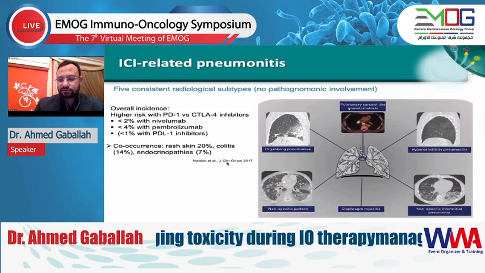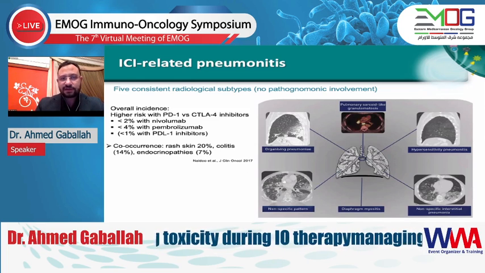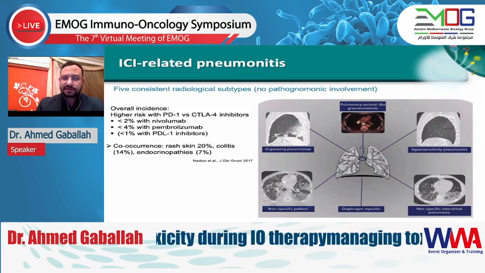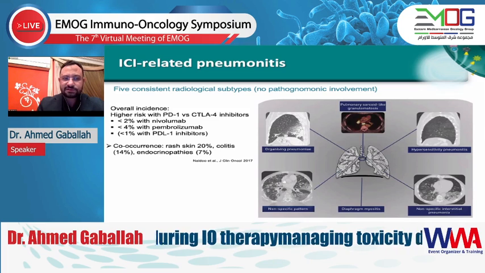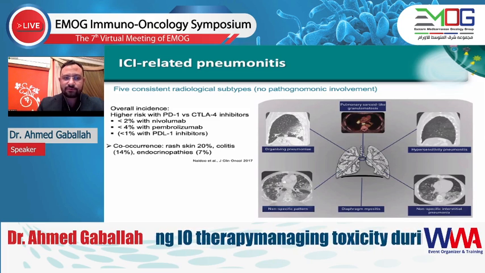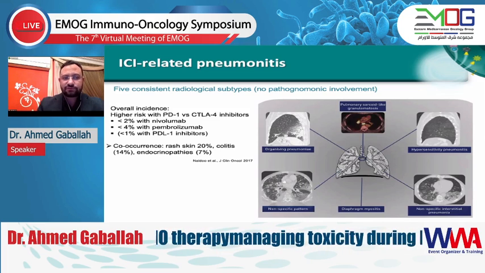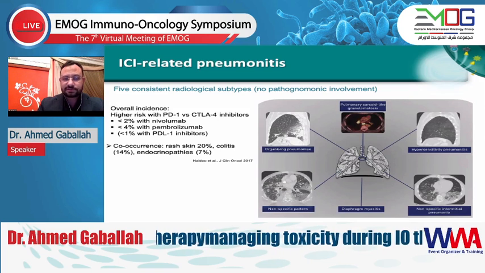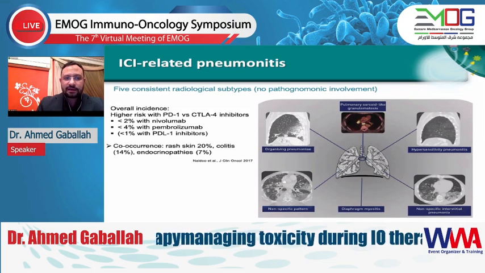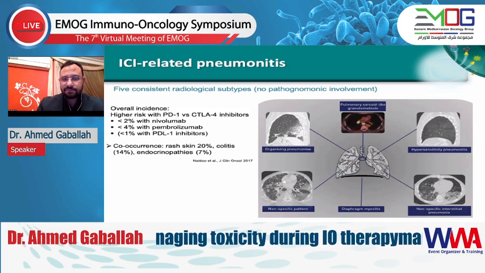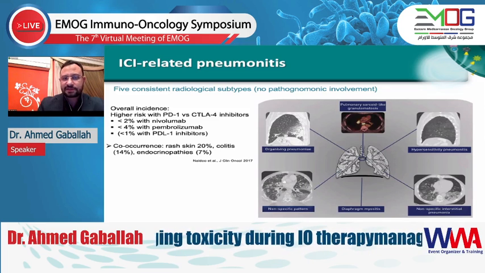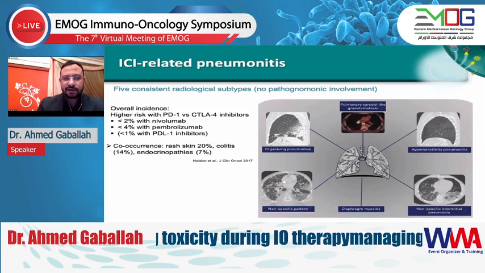Actually, the incidence of immune checkpoint-related pneumonitis is not that high. We have less than 2% with Nivo, less than 4% with Pembro, and less than 1% with PD-L1 inhibitors, Atezo. Usually the incidence with PD-1 and PD-L1 inhibitors is higher than with CTLA-4.